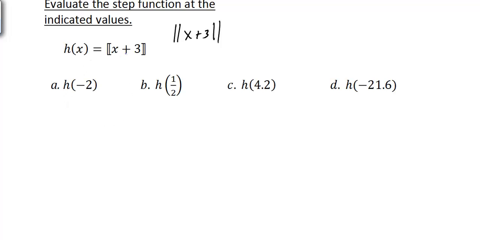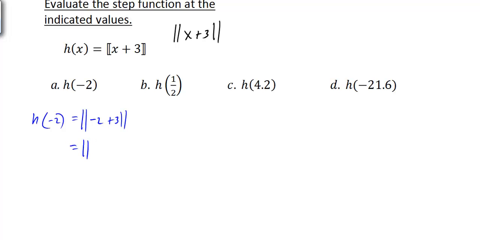So if we want to evaluate this function here, it says we have the x plus 3 and it's inside of our greatest integer here. So that means we're looking at h of negative 2 equals, and I'll just use these double bars here to make it easier to write, negative 2 plus 3. Now, before we perform the operation, we need to do what's inside of here first.